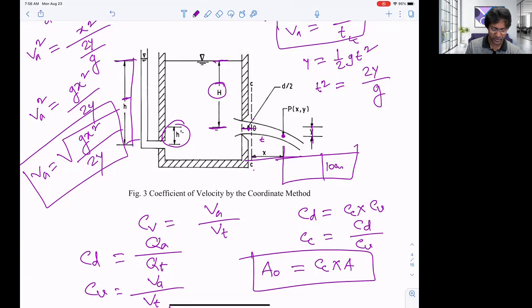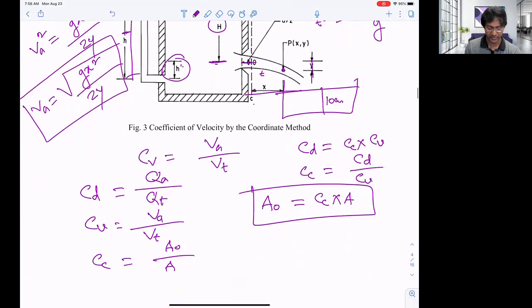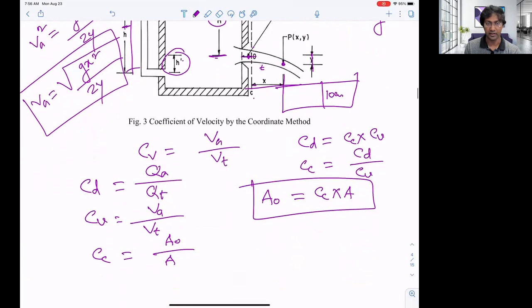So for this experiment, again, we'll calibrate this velocity equation for actual velocity, right? So the actual velocity equation will be VA is equal to CV into VT, and we know CV, and VT is root over 2g and a to the power half.